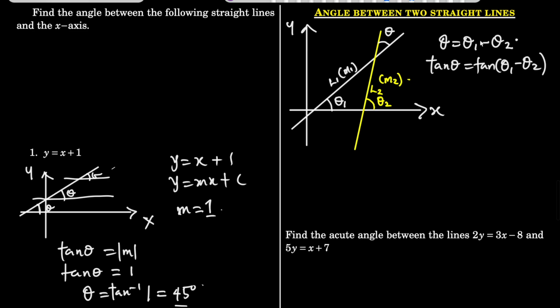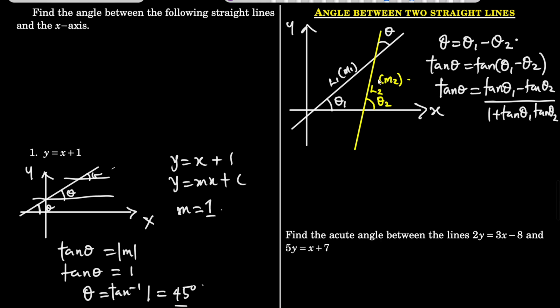So now, in trigonometry, there is a trigonometric identity that says tan theta is going to be equal to tan theta 1 minus tan theta 2 over 1 plus tan theta 1 tan theta 2. I know there should be no controversy.